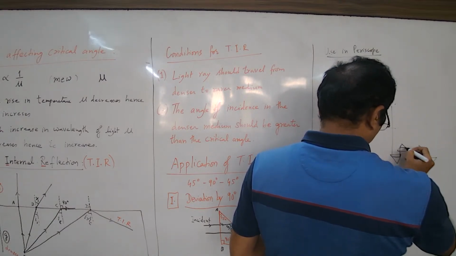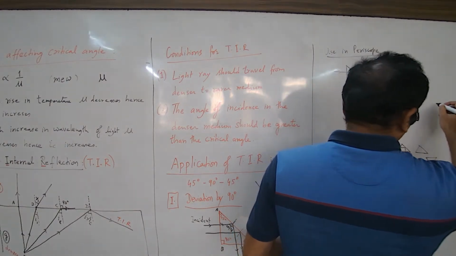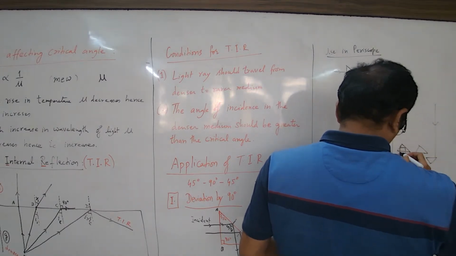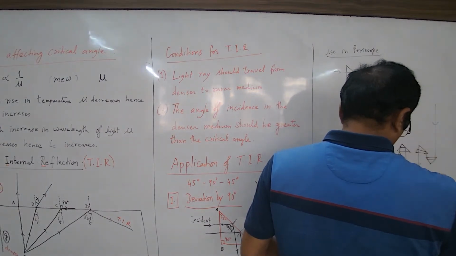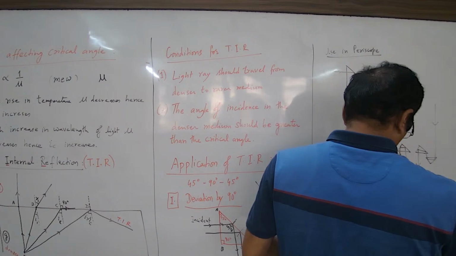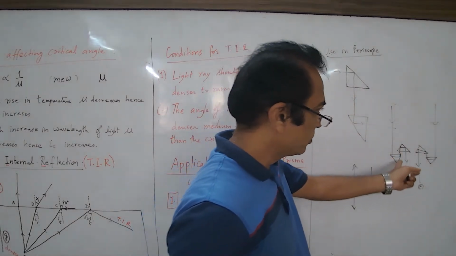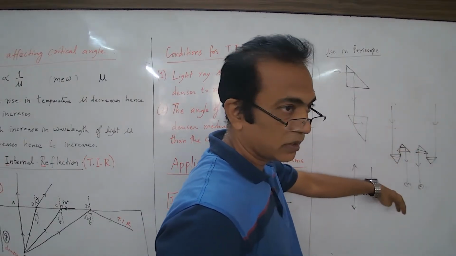Then here is your eye. This is how it is. So you are using a reflecting prism so that you are able to see distant objects clearly.